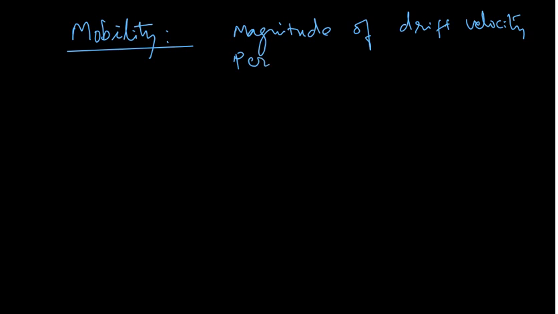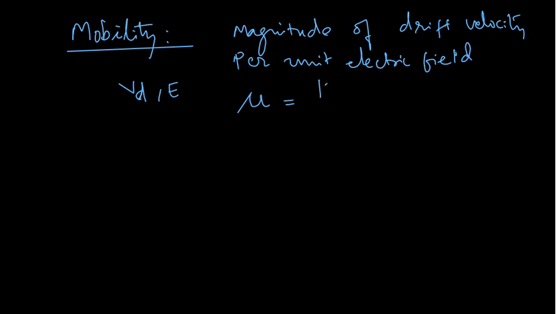We know the expression for Vd and we know what E is. So if I divide one by the other, mu, the symbol for mobility, equals magnitude of Vd divided by the electric field E. The SI unit of this is meters squared per volt second.